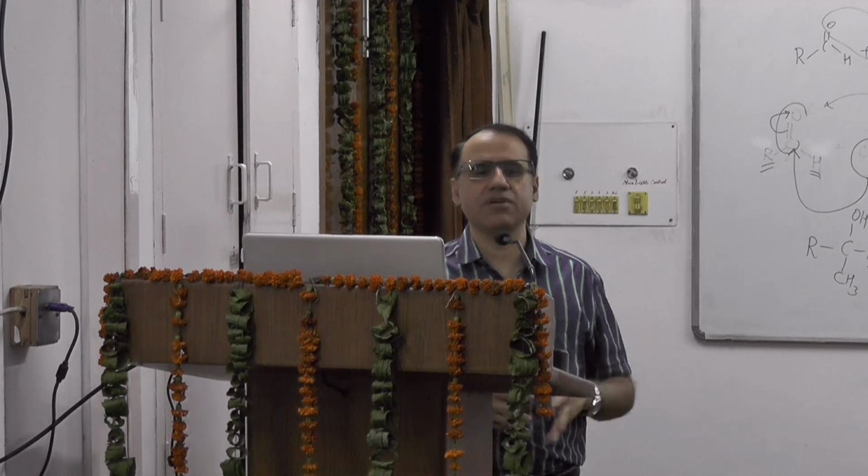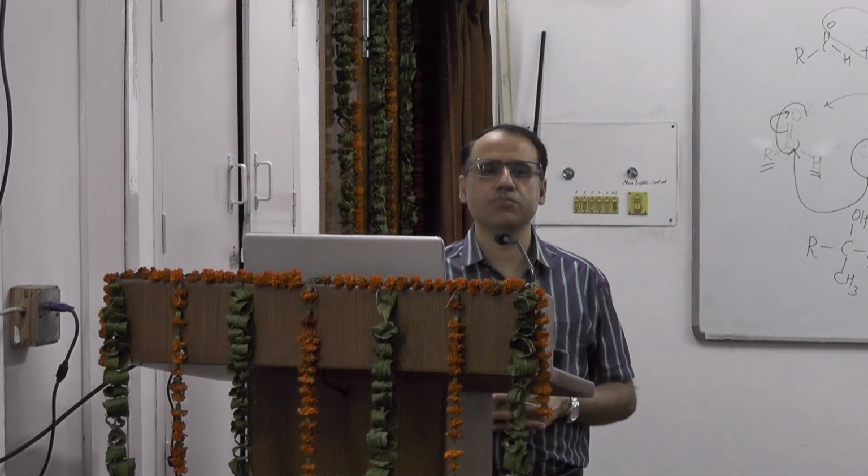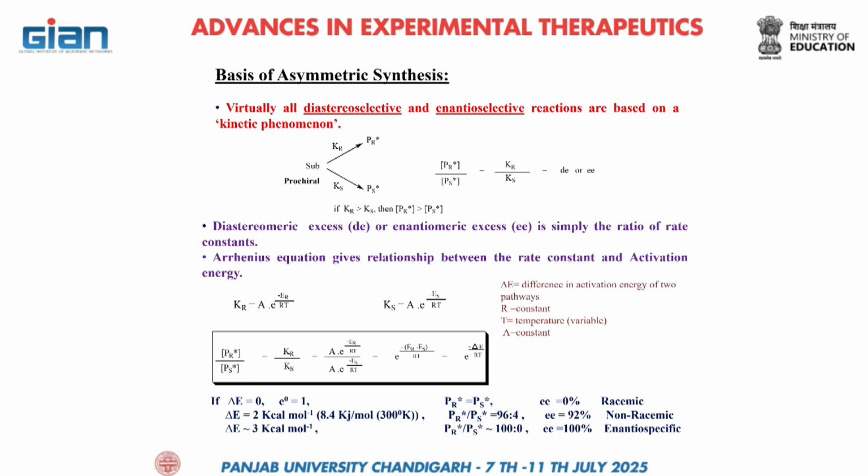For any chemical reaction, what we generally talk about in terms of kinetics is the rate of reaction from substrate to product via some transition state or an intermediate. How fast you reach the transition state, and how fast the transition state or the intermediate turns into your product, you check with the rate constant.